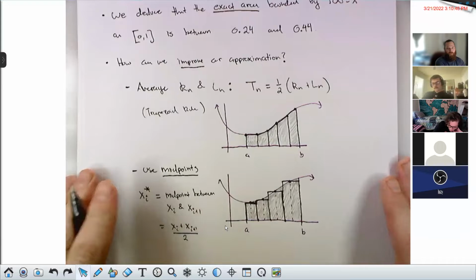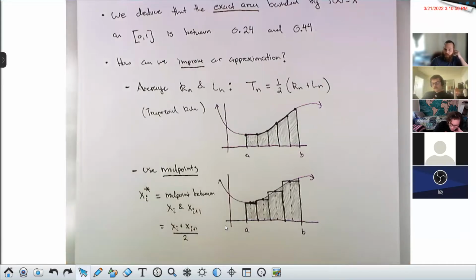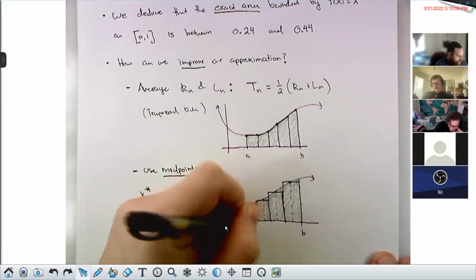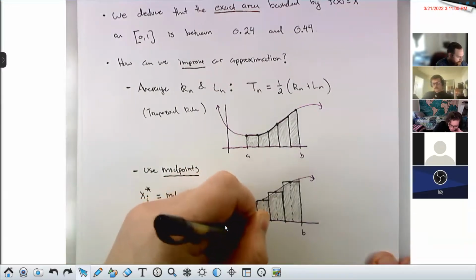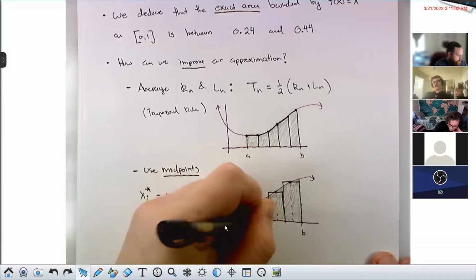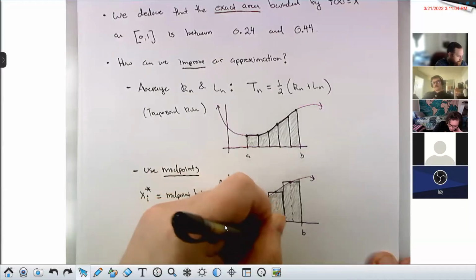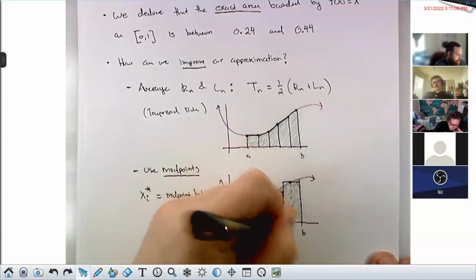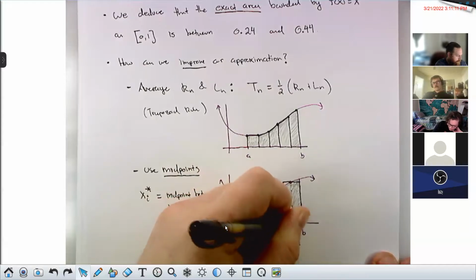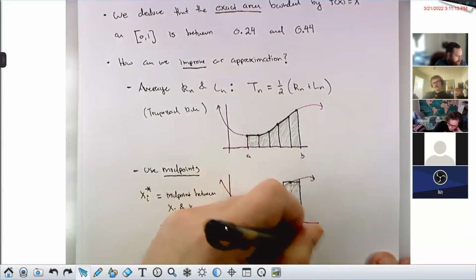So you average the sample points rather than averaging the heights. So this would be x1 star, this would be x2 star, x3 star, and x4 star.